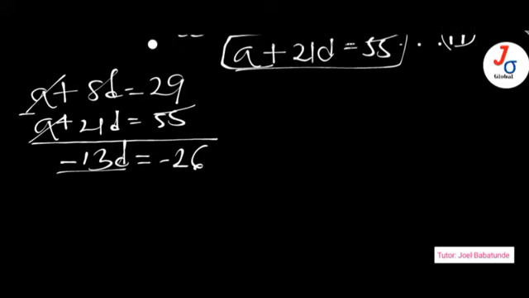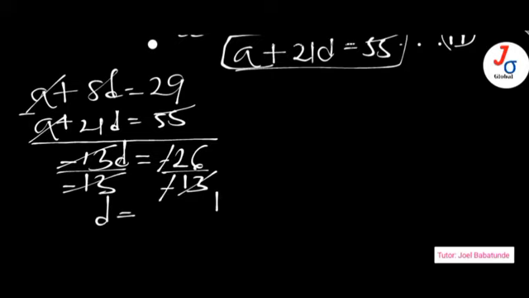Divide both sides by minus 13, and the minuses cancel out. So d equals 2.